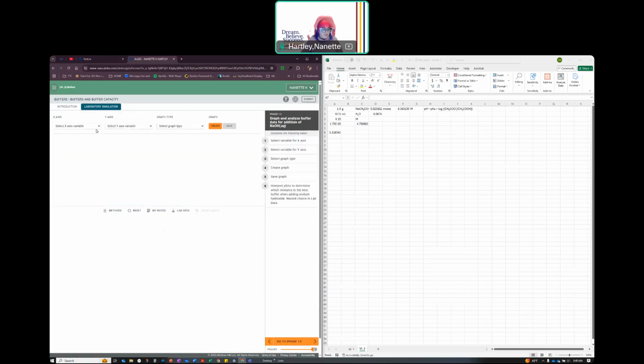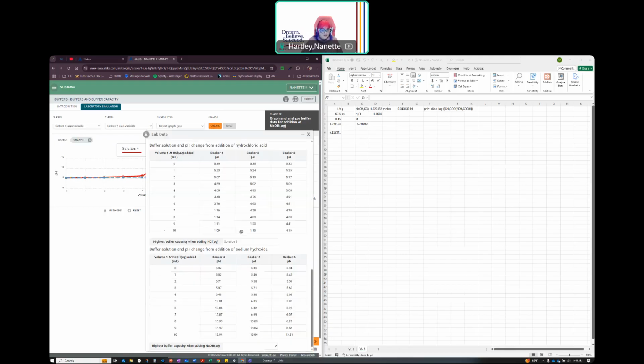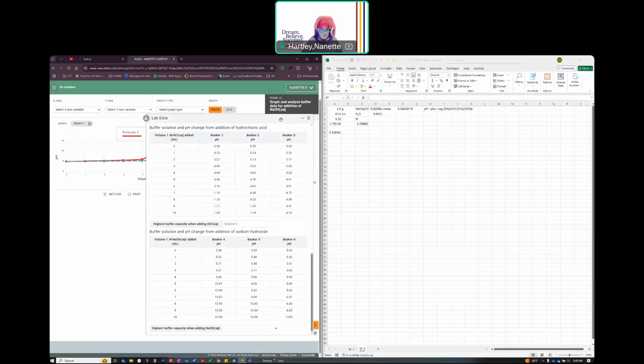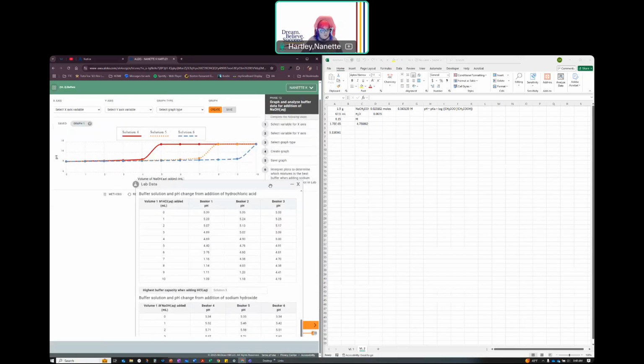Making yet another graph. Saving that to update it to say that the one that changed the least was solution 6. So this one changed, this one changed, this one barely changed.